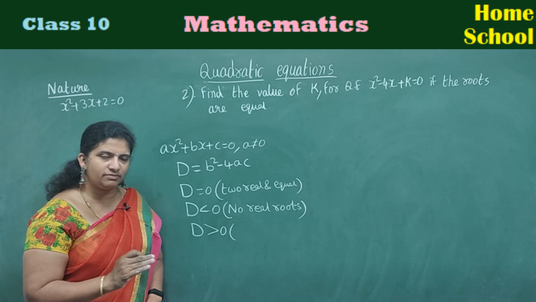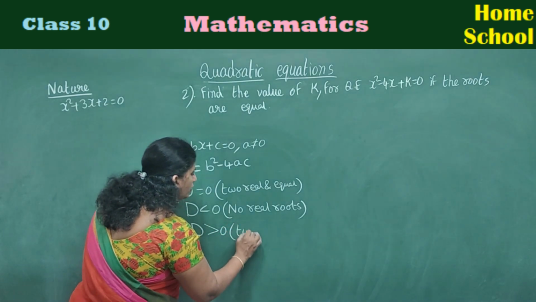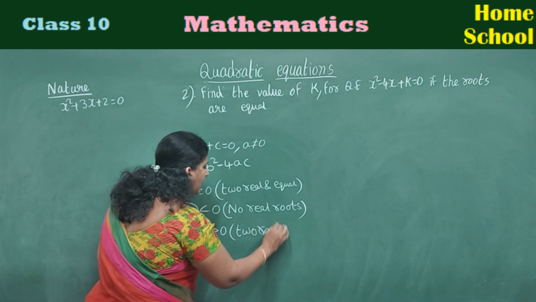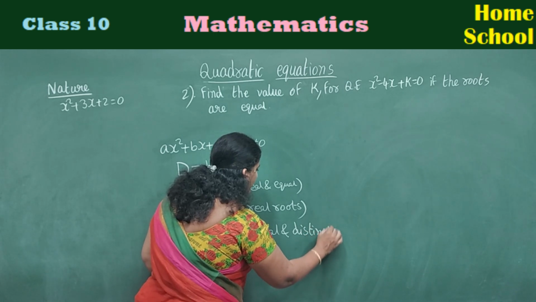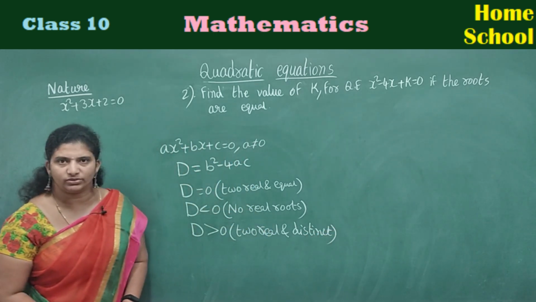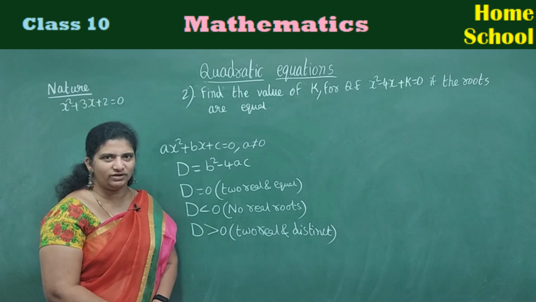Suppose you get discriminant greater than 0, what is the nature? There are two real and distinct roots. Among these, we may expect one bit or one word question.